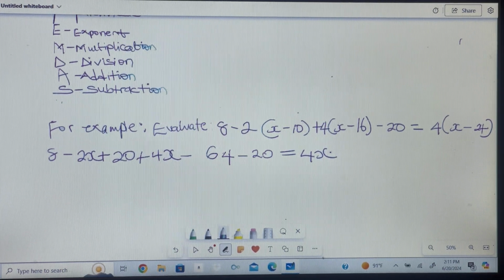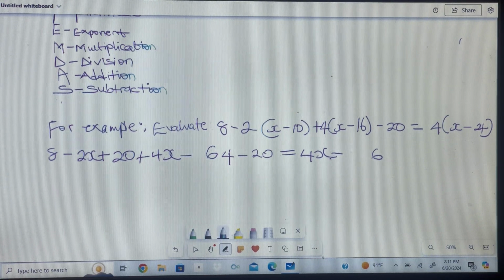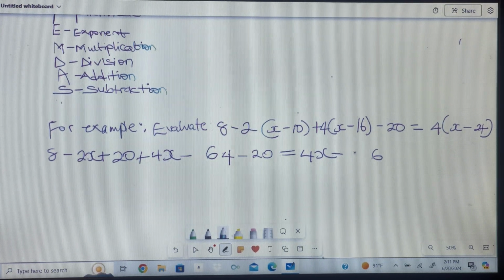The answer is going to be negative. 4 multiplied by 4 is 16, write 6, carry 1. Then 4 multiplied by 2 is 8, 8 plus 1 is 9. So that's minus 96.